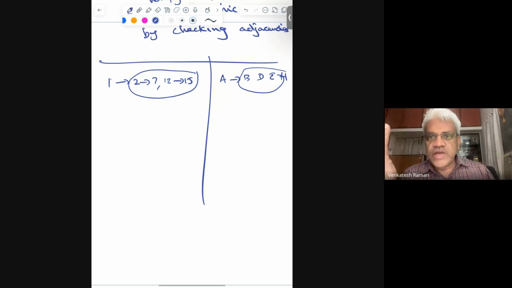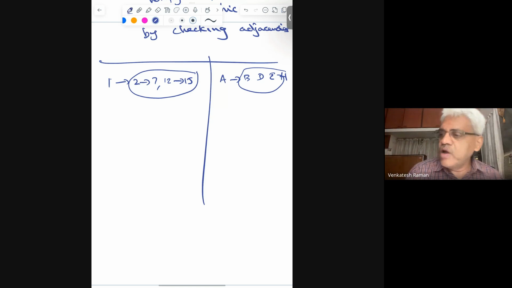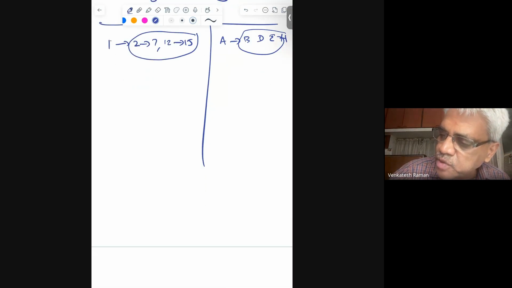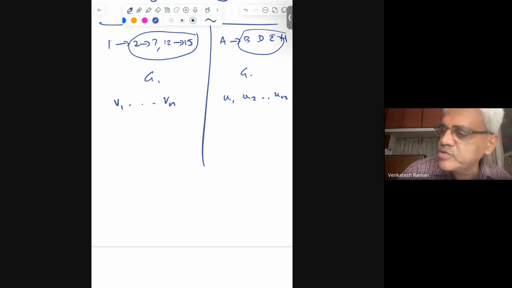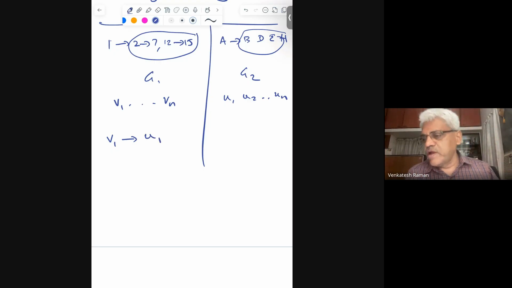If you are asking what that n factorial algorithm is, let's say my vertex set is V1, V2, ..., Vn, and let's call the other vertex set U1, U2, ..., Un. This is my graph G1, this is my graph G2. Then I map V1 to U1 arbitrarily. I'm going to test whether this mapping works.